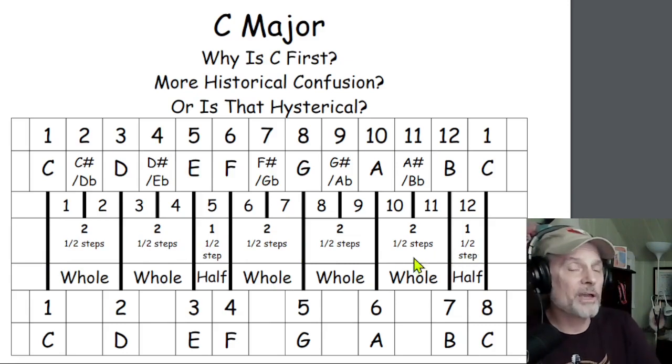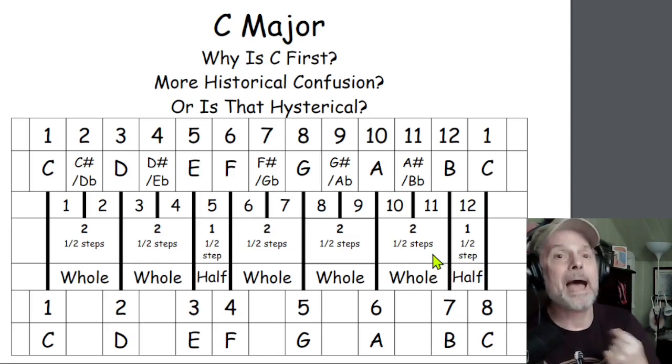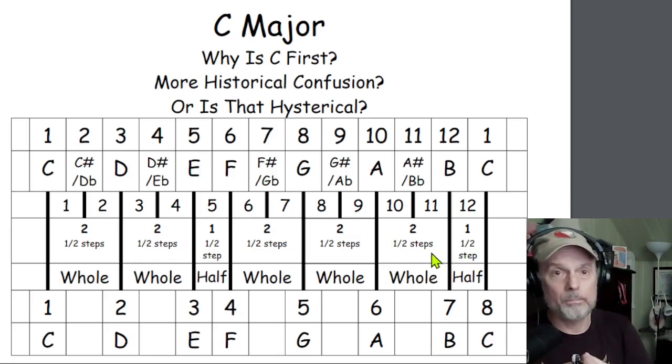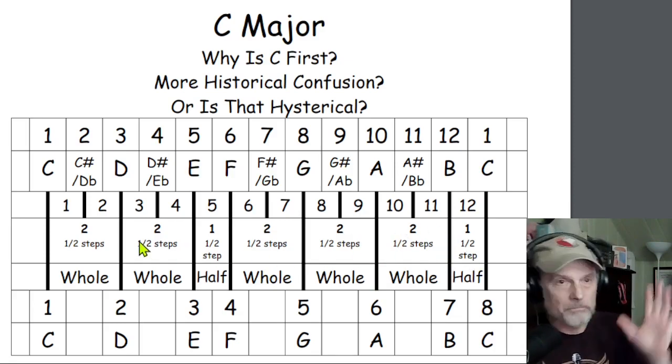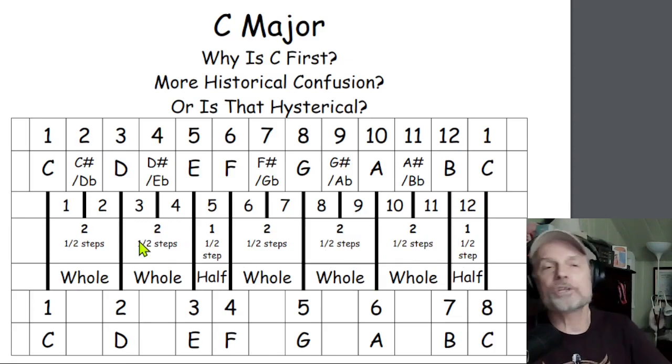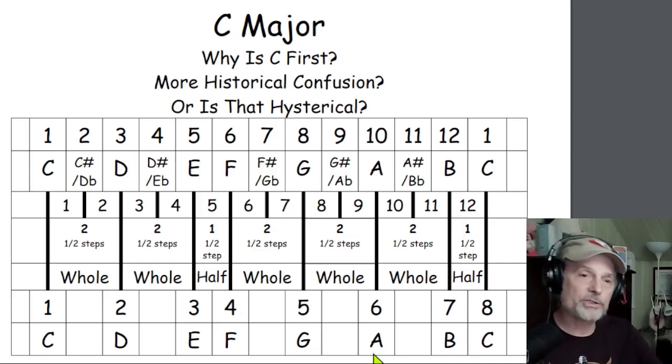That's why we end up calling this a half step, because it was already determined by the time we realized, nobody did this in a logical order. And the same thing, they did start with the A. Unfortunately, they started with the A minor scale.